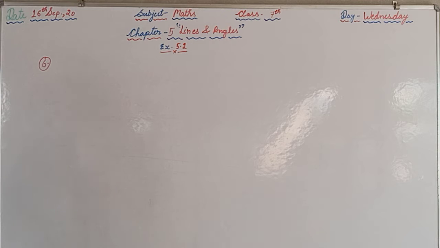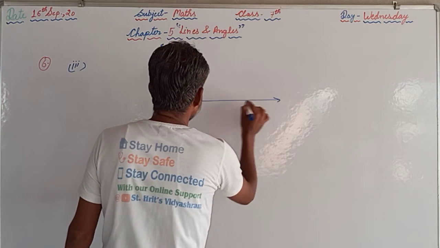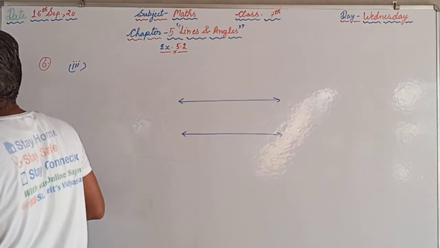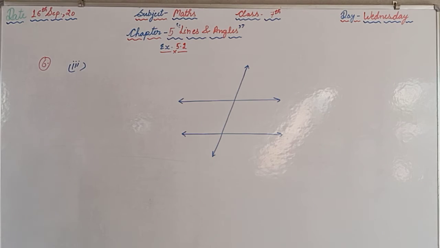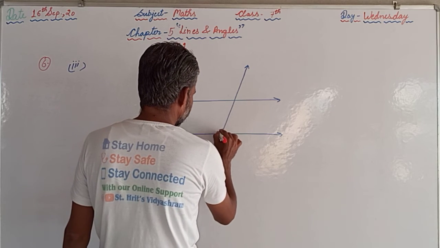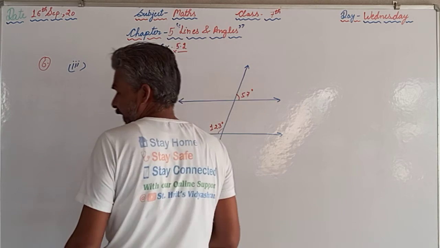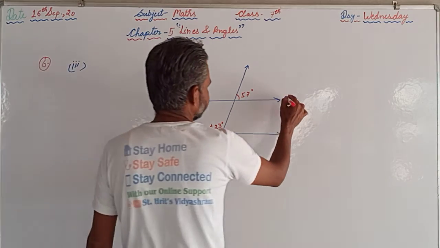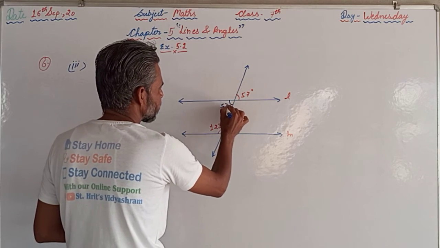So, the third part, lines are given like that and the transversal is there, and the measurements of the angles are given, that is 57 degrees, 123 degrees, 123 degrees and 57 degrees, and the names of the lines are L and M. So, this is 57 degrees, this will also be 57 degrees.